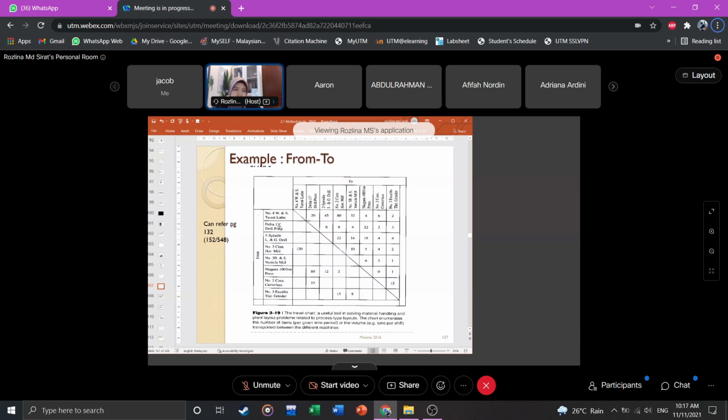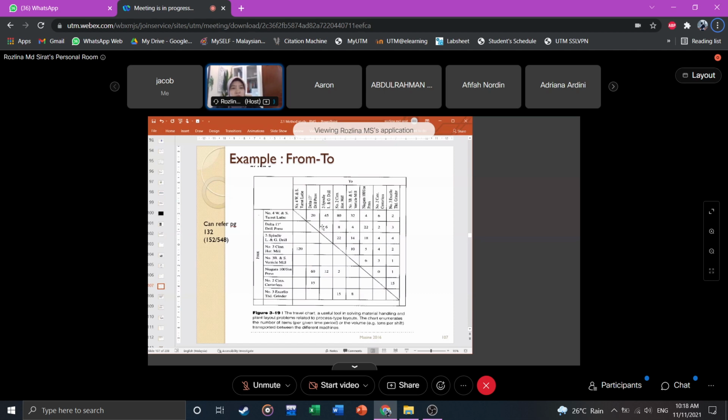You can see this is the turret lathe department, and go to the drilling press. It is maybe 20 feet, so the distance is 20 feet. Turret lathe to drilling is 45 feet, and the other side, and so on.